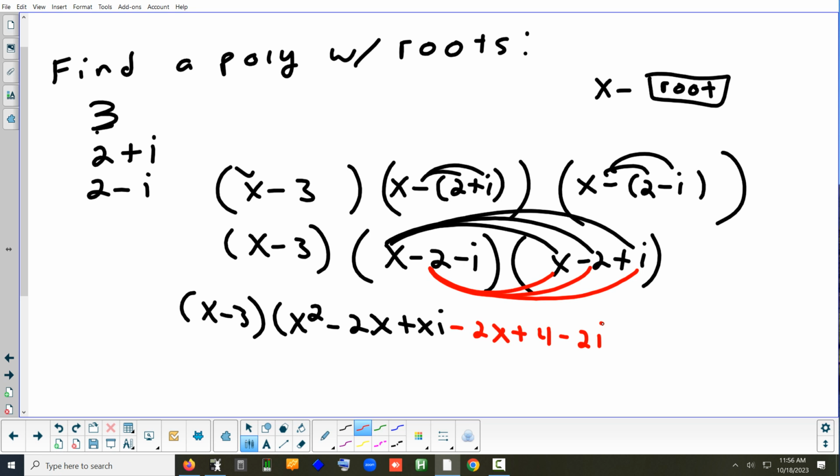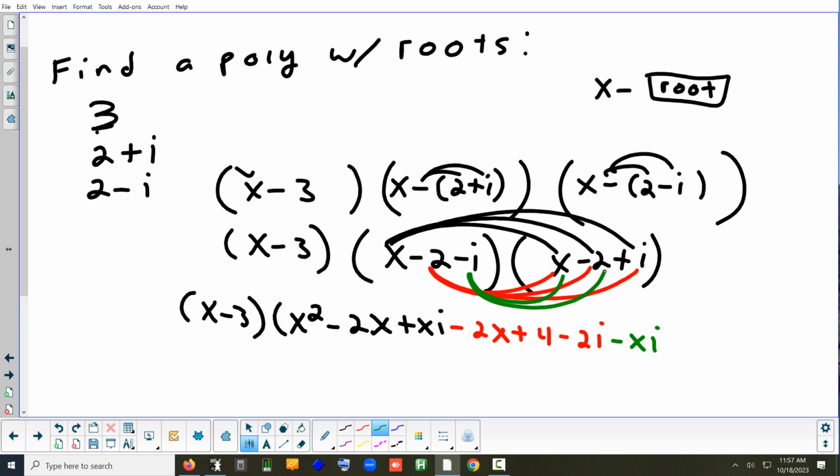Right? And now let's do it one more time with the negative i. What's negative i times x? Negative ix, or negative xi, same thing. So we just got a negative xi. What's negative i times negative 2?